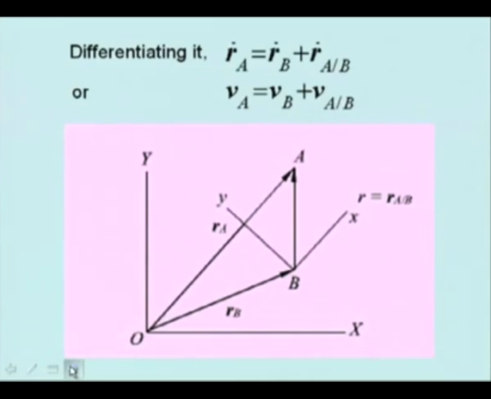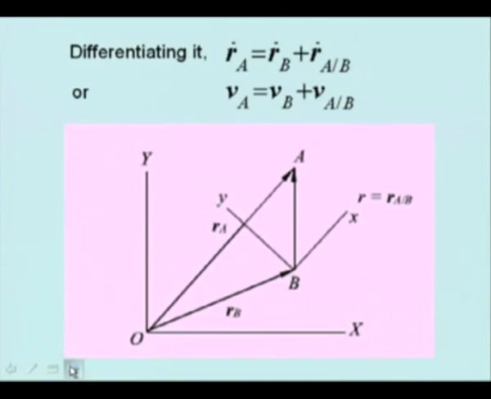Differentiating with respect to time, and indicating the differentiation by a dot, we get R dot A equal to R dot B plus R dot A slash B. R dot A is nothing but the velocity of A, the change in the position vector of A, because R A is the position vector with respect to the capital X capital Y frame. Therefore, R dot A gives the absolute velocity of point A, that is indicated by V A.